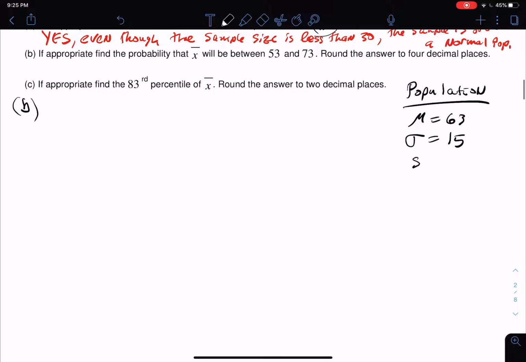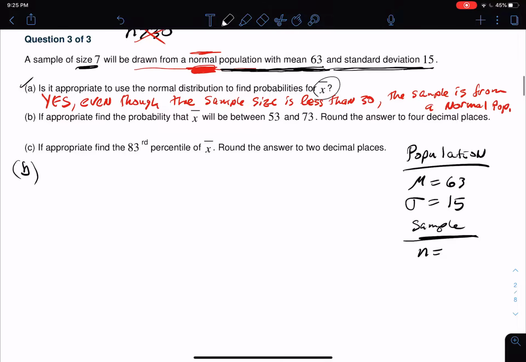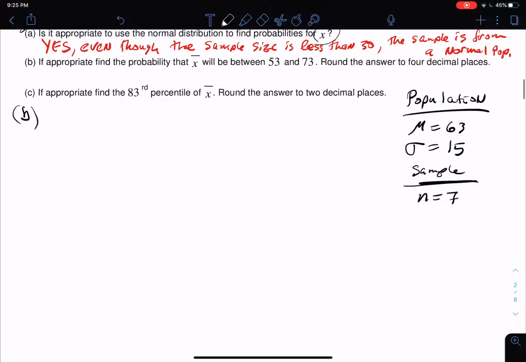Now how about sampling information? They told us that the n value is a bit small, only 7, but it's coming from a normal population, so we're still good. We can use the central limit theorem, so the mean of the sample means is equal to 63.